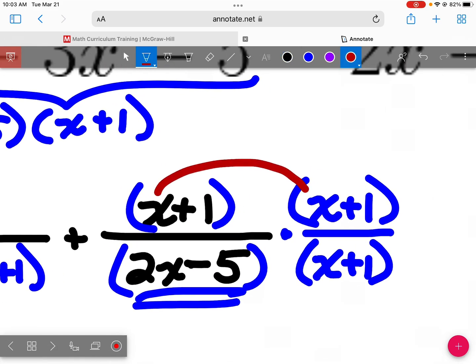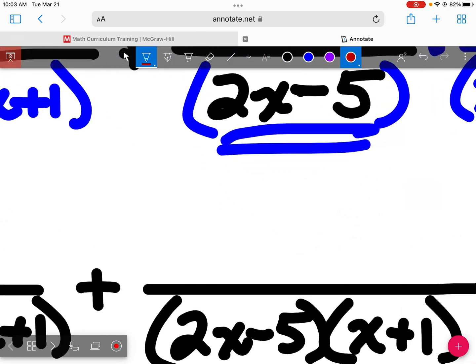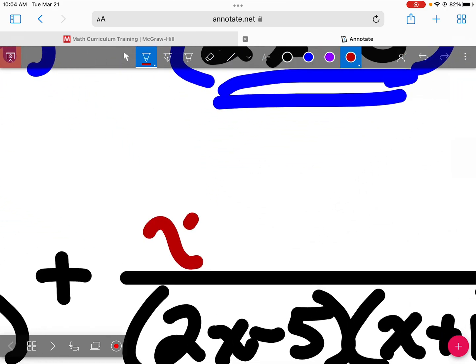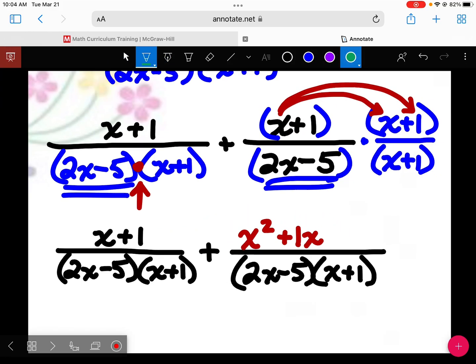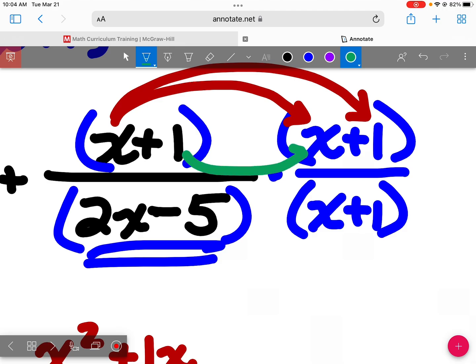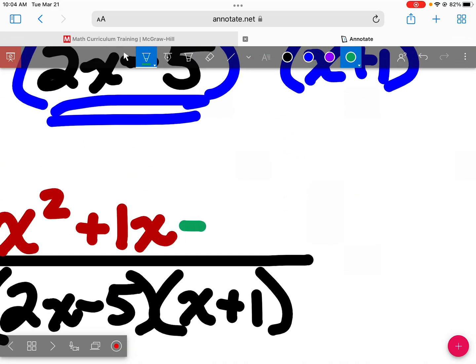So this x has to get distributed to both of those pieces. X times x gives me what? X squared. And x times 1? 1x. And then I have to distribute the 1 to both of these pieces. What is 1 times x? 1x.